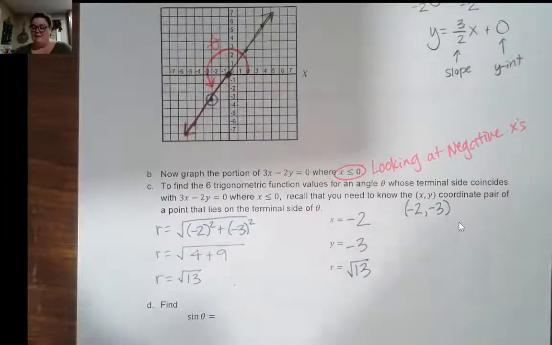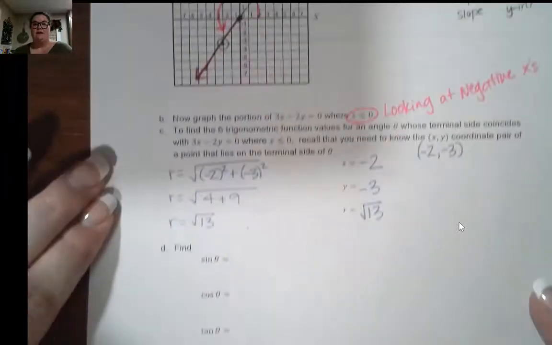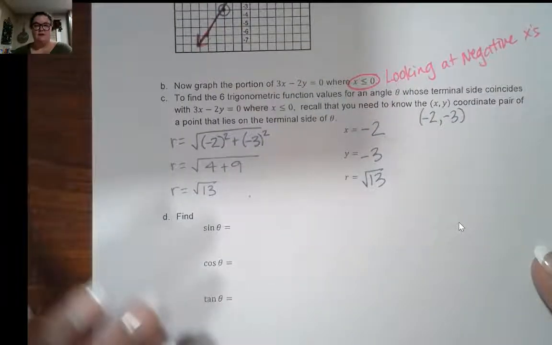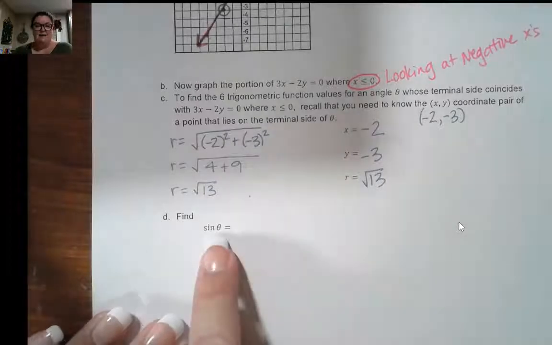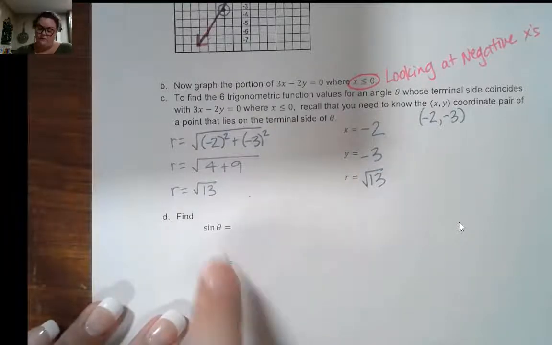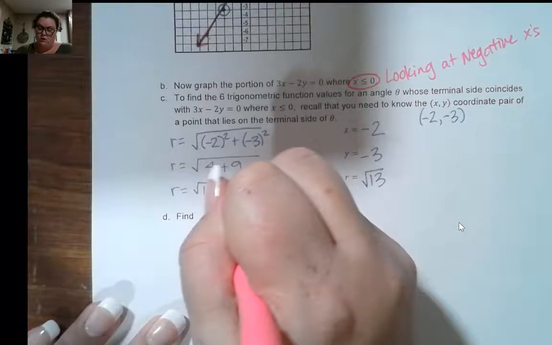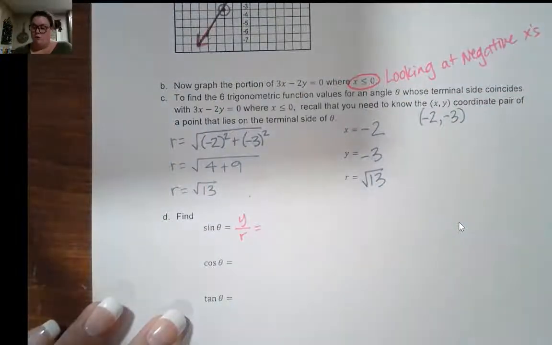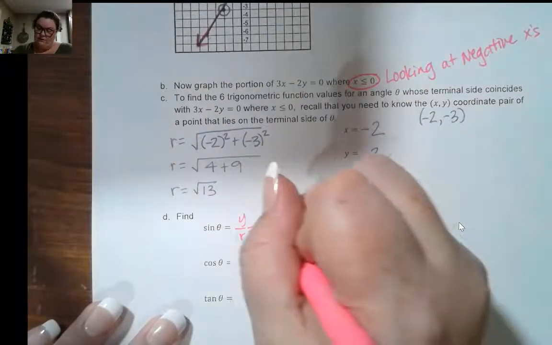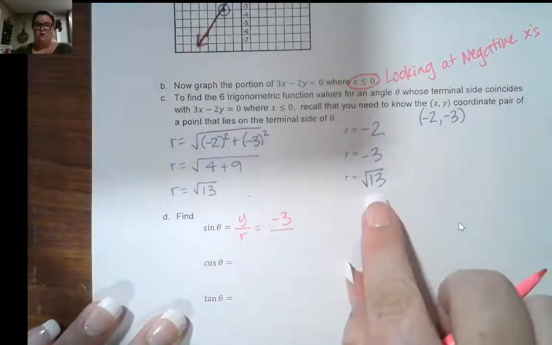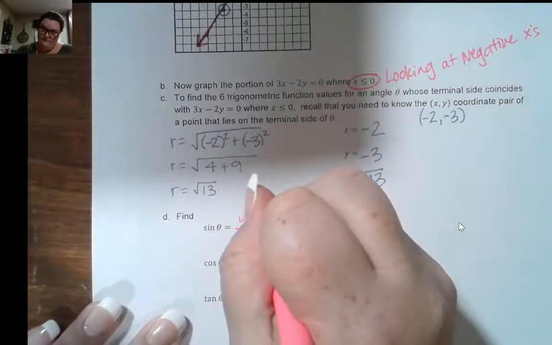But now that I have all of my values, I can go ahead and figure out what my trig function values are. So remember, sine theta, we get by doing our y over our r. So our y in this case is negative 3 over our r, which is the square root of 13.